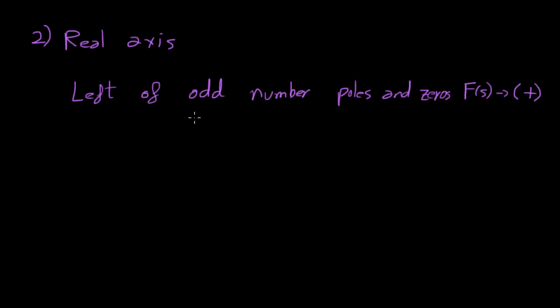And points which are to the left of an even number of poles and zeros belong to the negative root locus. So again, an example to make things clear.